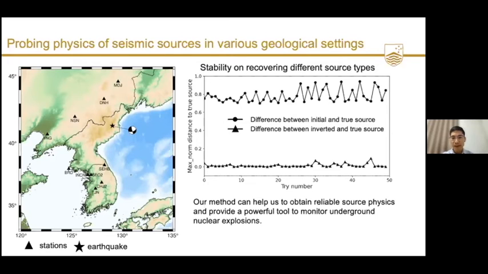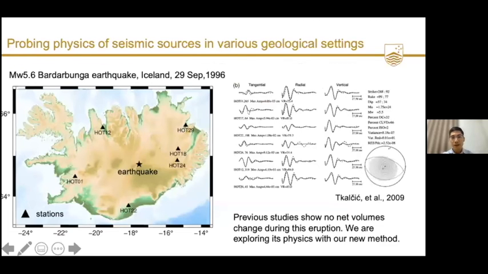It will provide a powerful tool to monitor underground nuclear tests. We are also looking at other events, such as the Bárðarbunga earthquake. This is an example. The earthquake happened in 1996. Its magnitude is 5.6.